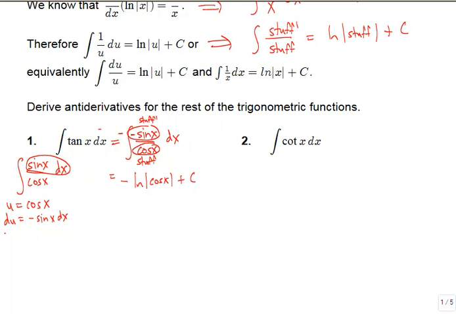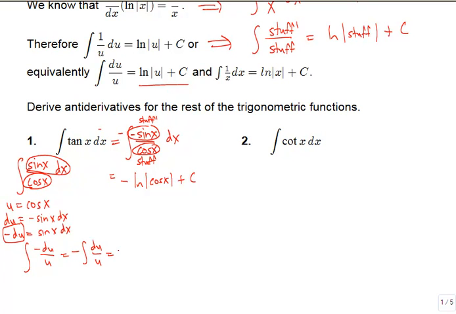So if we divide that negative over to the other side, then that means that this numerator right here gets replaced by a minus du, and this denominator was our u. So this integral, using a u-substitution, turns into negative du over u. You can pull the negative out if you like. And remember, the integral of du over u is just the ln of that denominator.